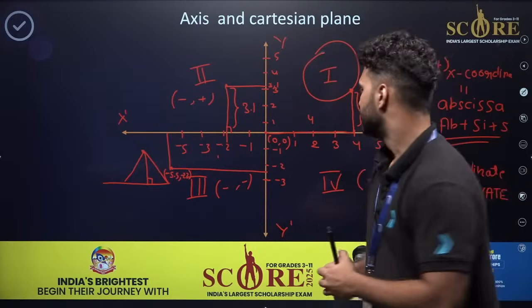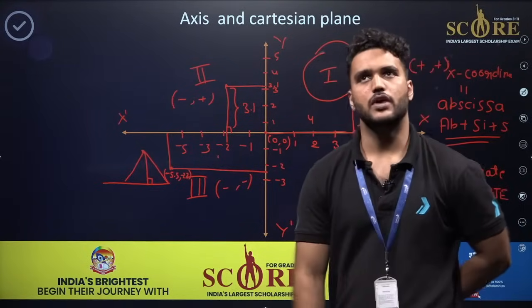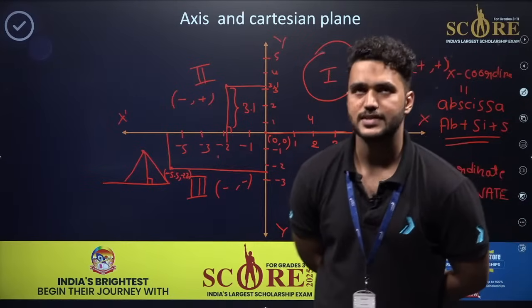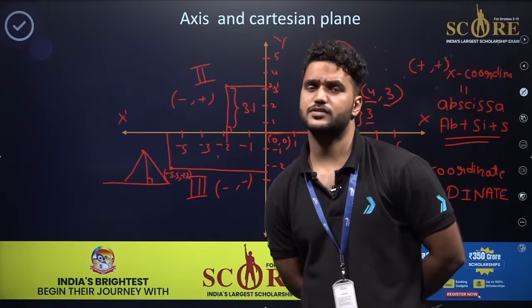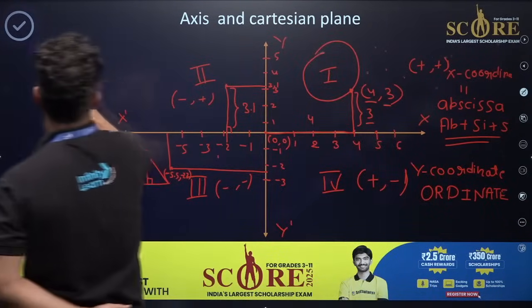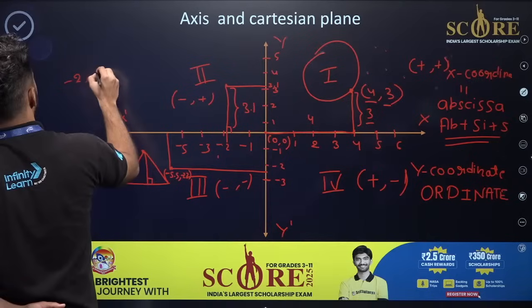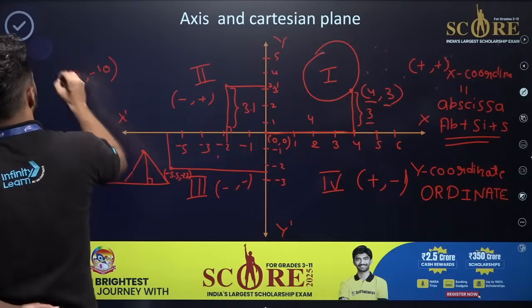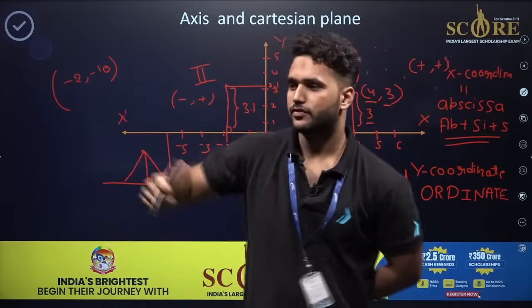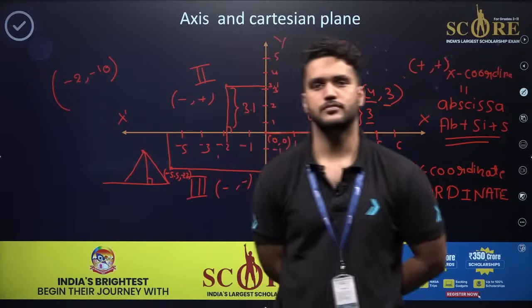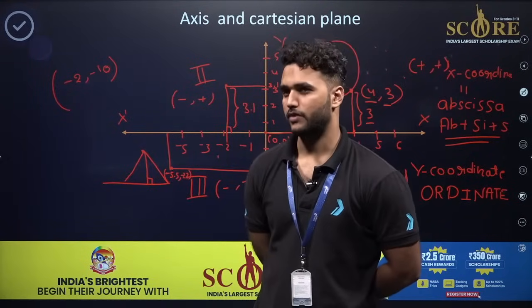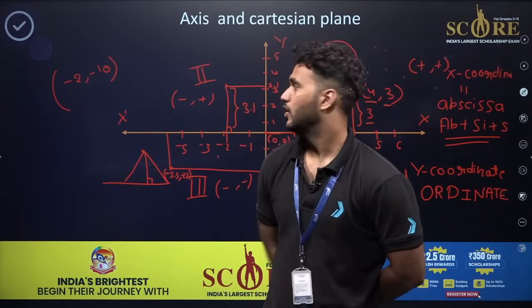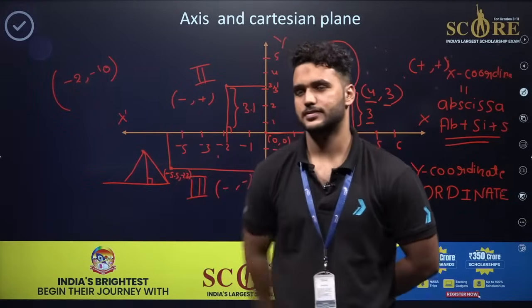Okay, good. Now I want to ask you guys, what will be the distance from the x-axis of the point minus 2 comma minus 10? What will be the distance of this point from the x-axis?